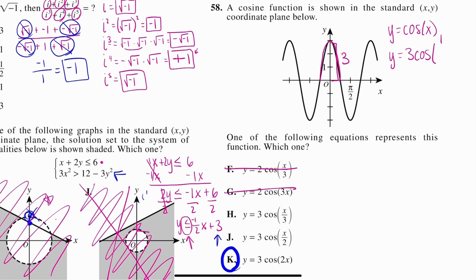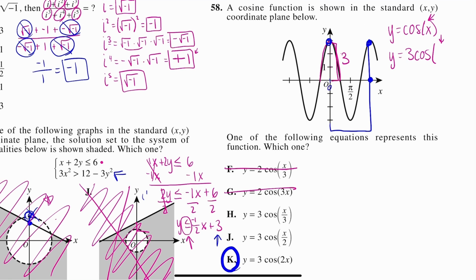Now, this x right here, that's called the period. So we're trying to figure out from here to here, from peak to peak. Typically, a period for cosine functions is 2 pi. However, we're only going to pi.